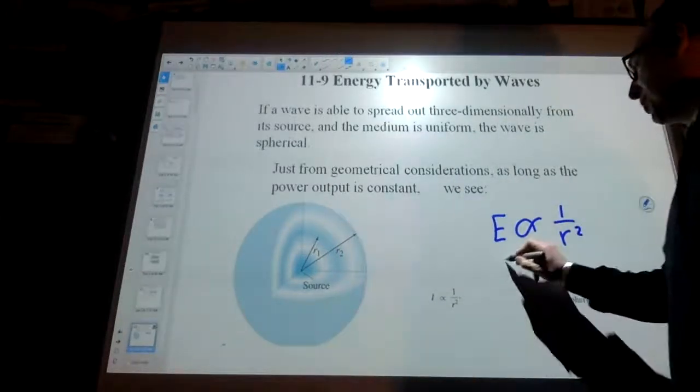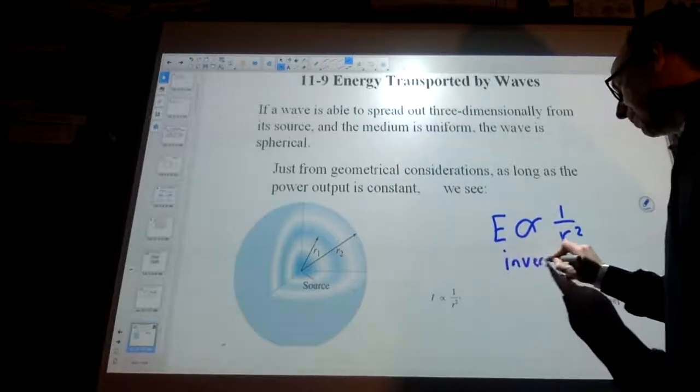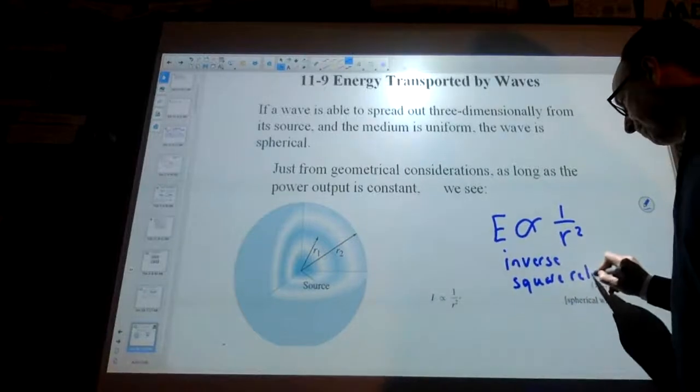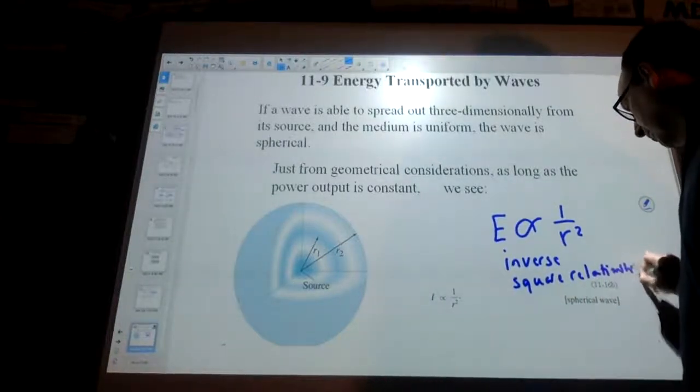So this would be an inverse square relationship.